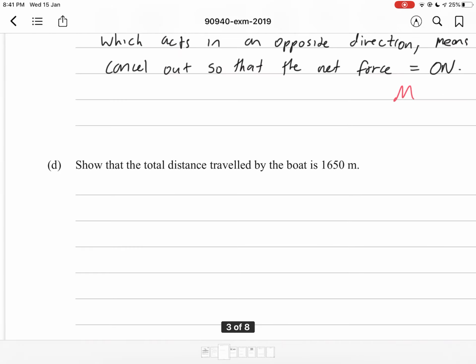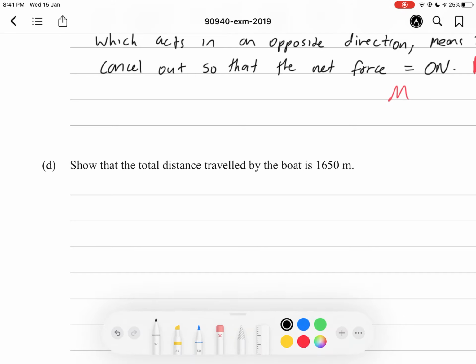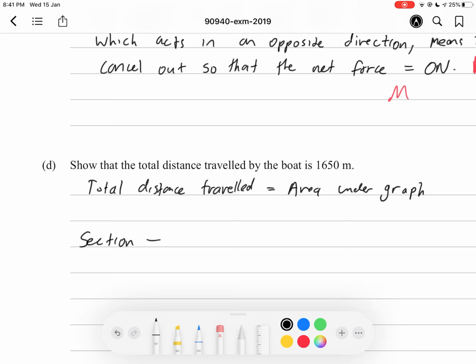In terms of answering the question, the easiest way to word this is to say total distance traveled is equal to the area under the graph. You can split it up into three sections. Section A was half of 400 times 3, which equals 600 meters.